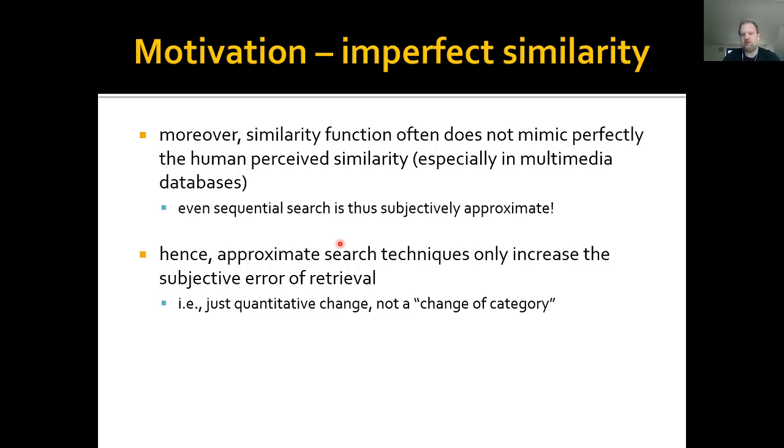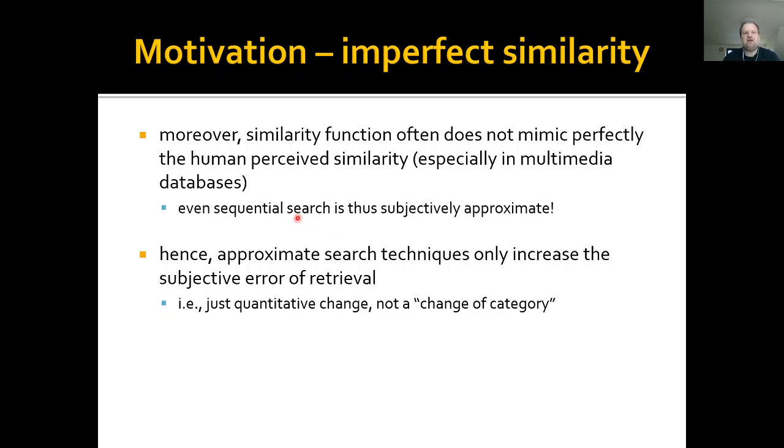For example, for a range query, everything in the result is inside the query ball. Nothing outside the query ball appears in the result, and nothing that is actually inside the query ball is not returned; that cannot happen. So in this sense, the search from the database perspective, from the algorithm, is exact, but it's not exact in the overall terms of precision and recall, because this is subjective.